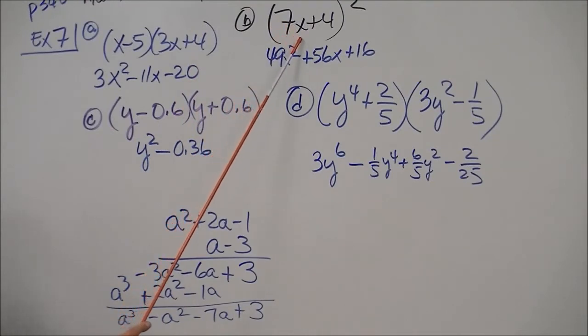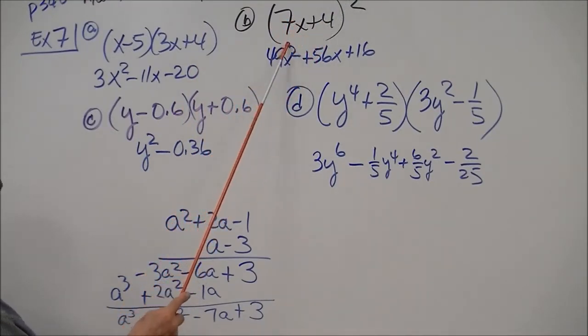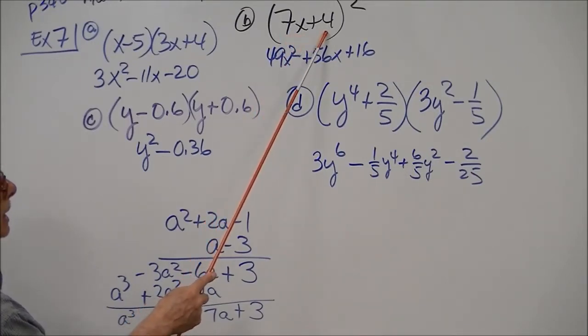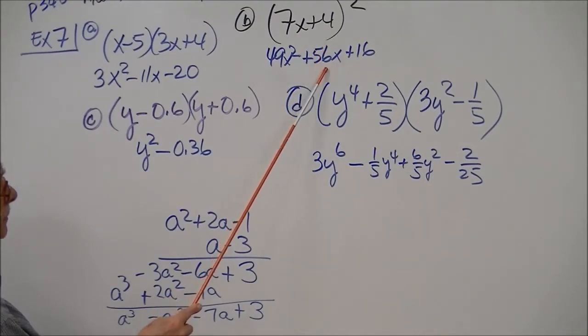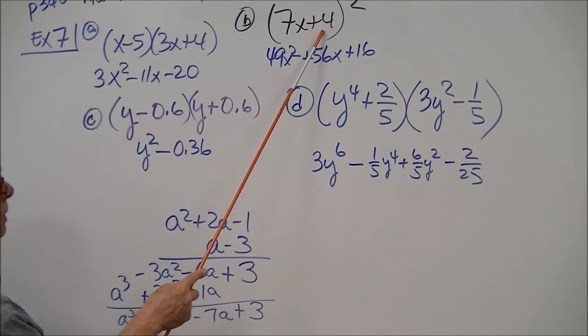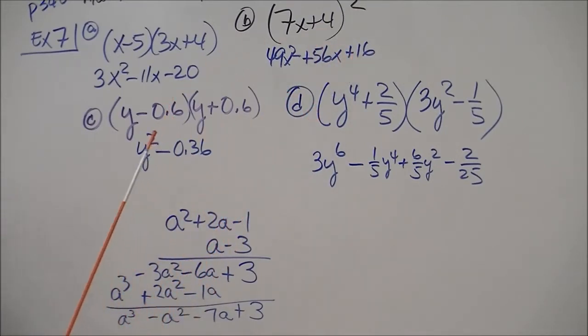Here's the special product of a binomial that's squared. Square the first term. Multiply these together, you get 28x, double it, 56x. Notice the middle sign is positive. Square the last term. Here, these are conjugates, so we're just going to get y squared times y squared, and this is a negative 0.36, the difference of perfect squares.